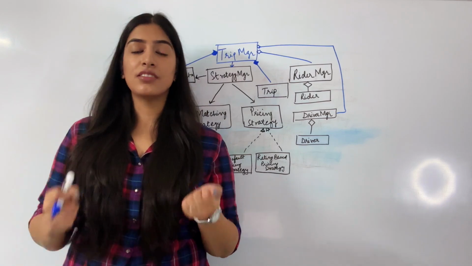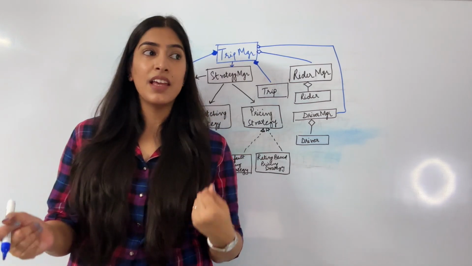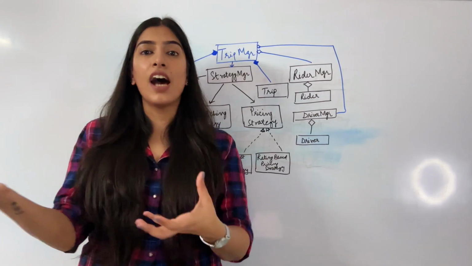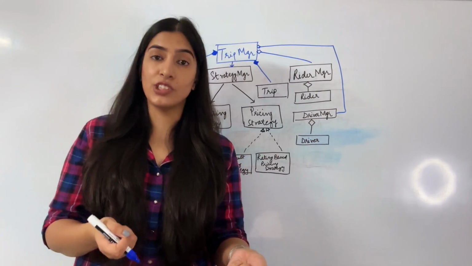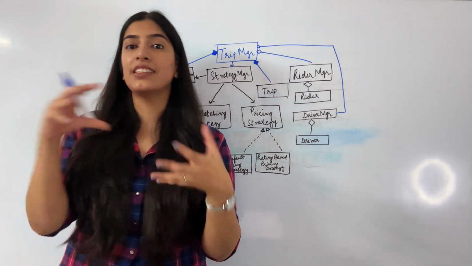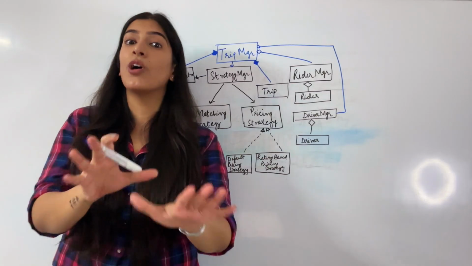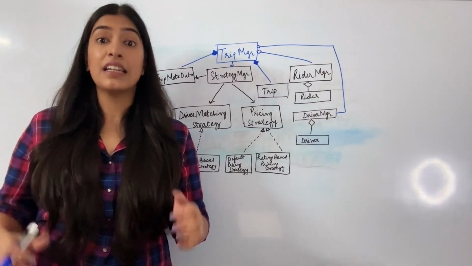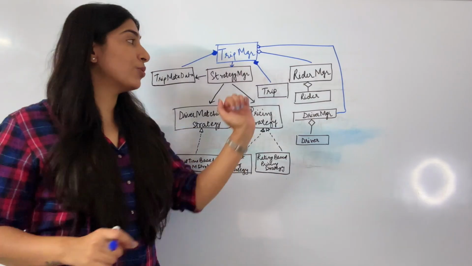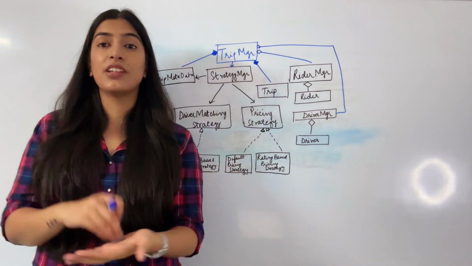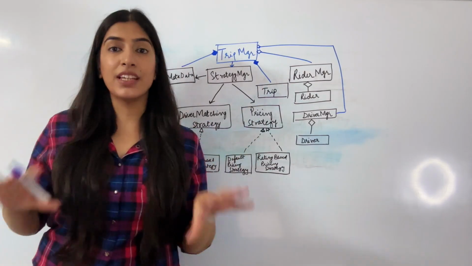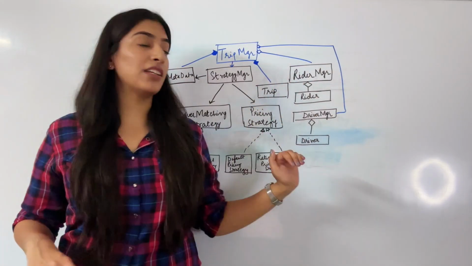Let's think like this. Now we have just created our system and there are no trips right now. But we obviously are trying to have some users on board, have some drivers on board. So there are some riders and drivers who have registered, but they have not created any trips. So there is no point of having trip manager till then, right? So in that case, I want to have the rider manager and driver manager. Now you could choose to create your trip manager in the beginning itself and then create rider manager and driver manager.